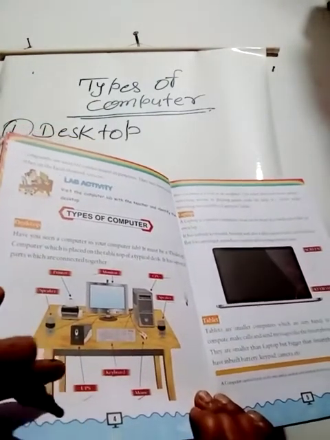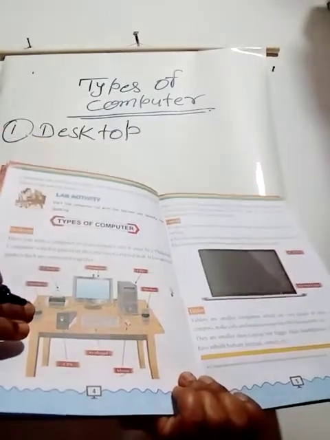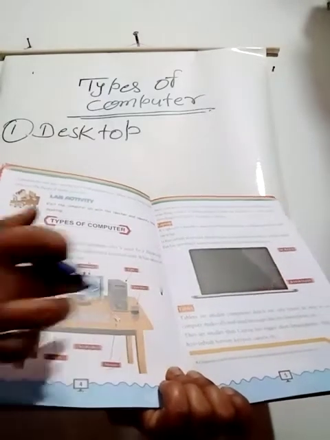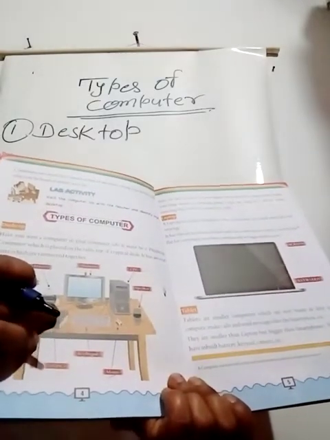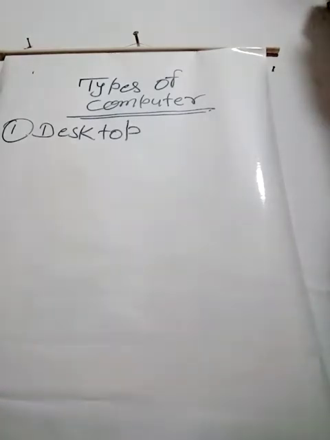In your book you can see the picture given here. The computer which is kept on the table with its several parts, connected with the CPU with different wires, is called a desktop computer.